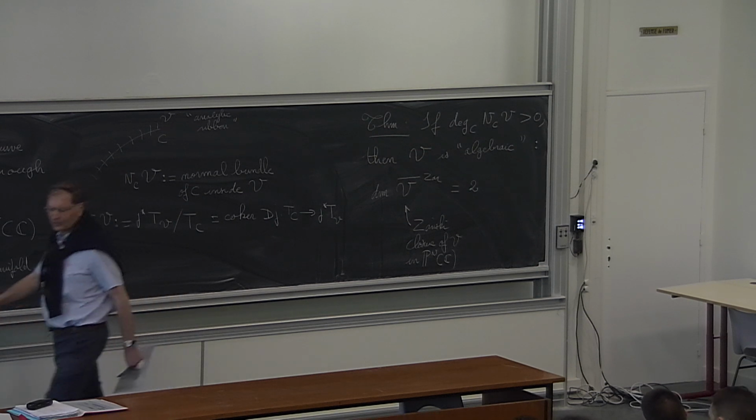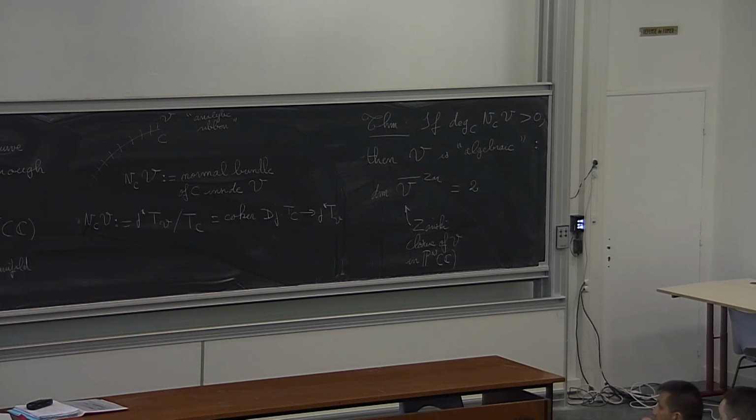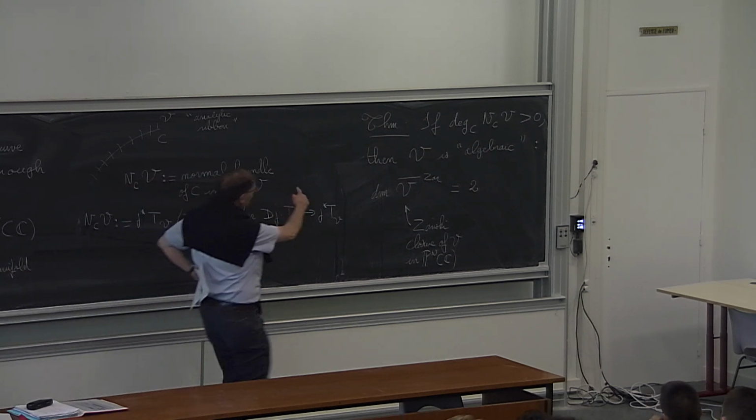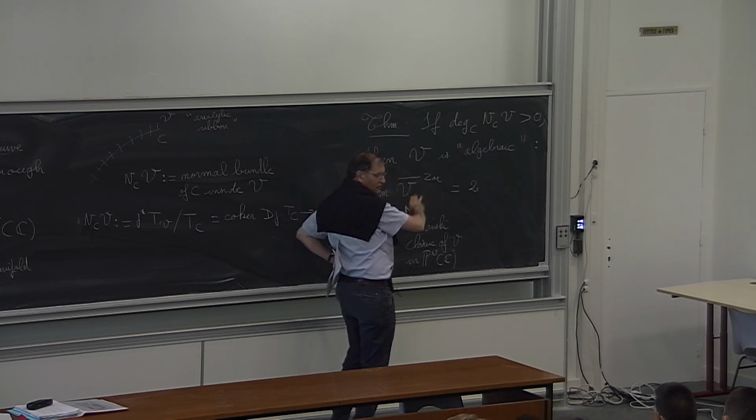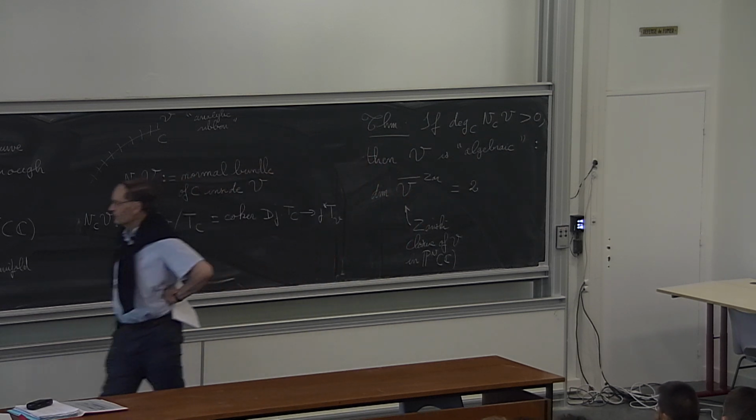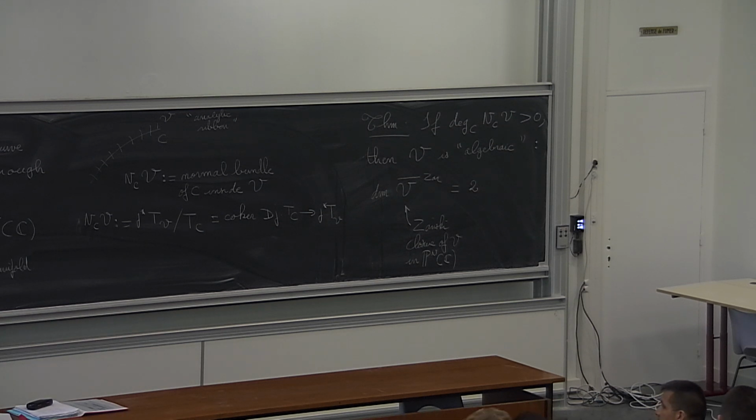So the dimension of the Zariski closure is the same as the dimension of V. That's the definition of algebraicity. It may look slightly not that intuitive, so let me explain why I define it in this way.